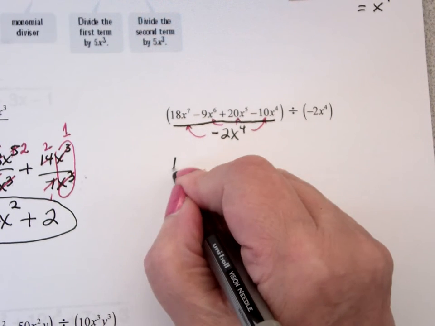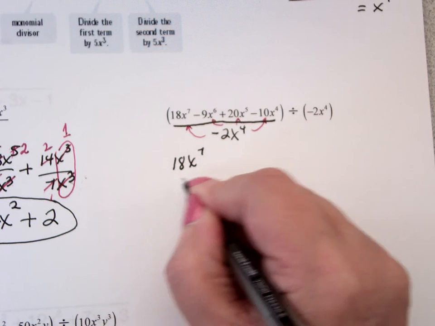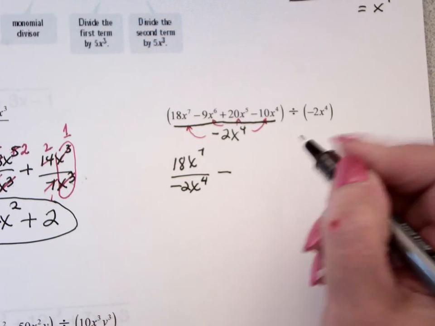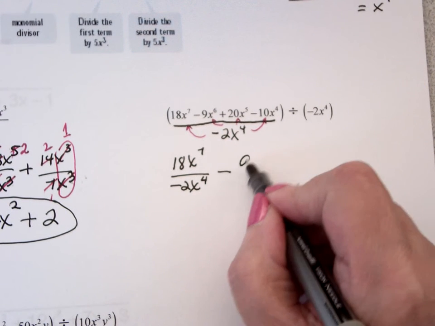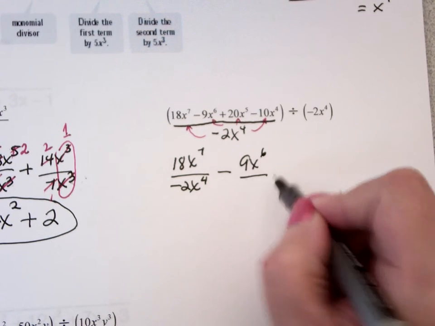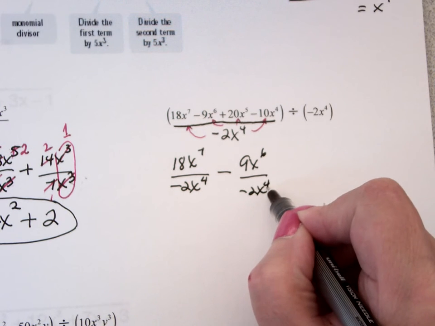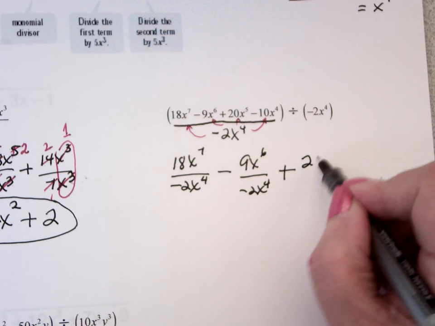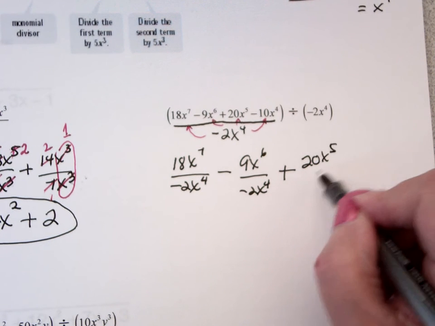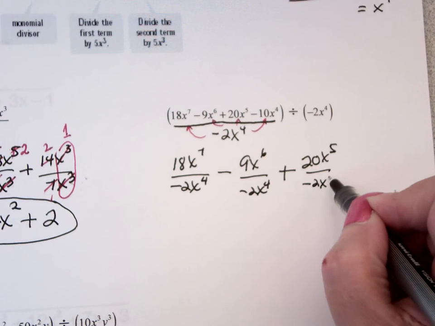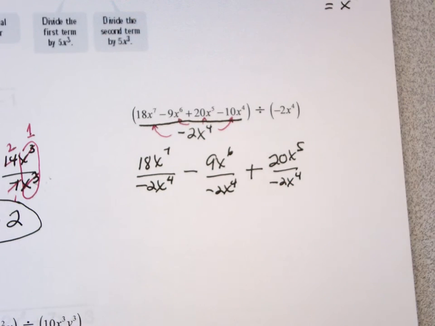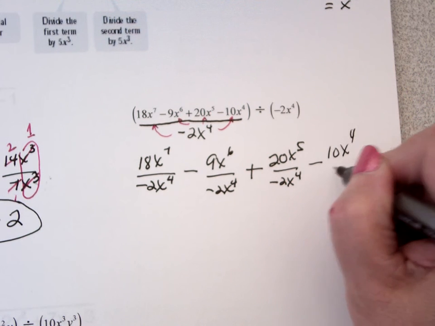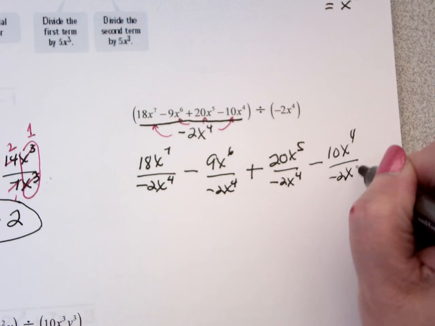So this becomes 18x to the 7th divided by negative 2x to the 4th minus 9x to the 6th divided by negative 2x to the 4th minus, or plus, 20x to the 5th divided by negative 2x to the 4th minus 10x to the 4th divided by negative 2x to the 4th.